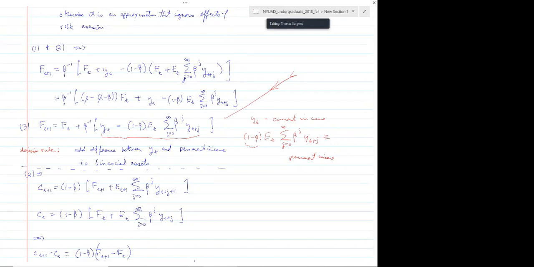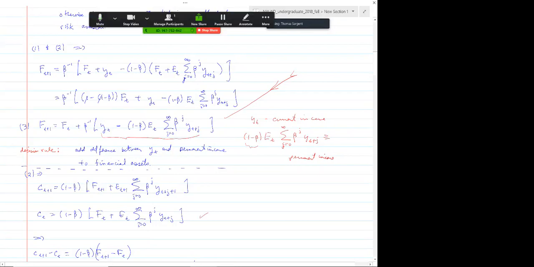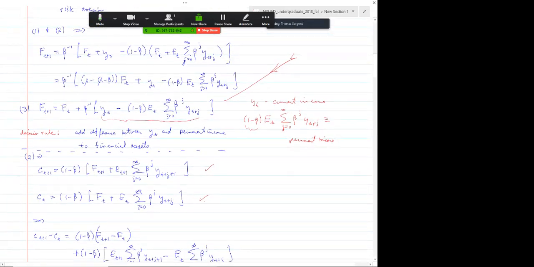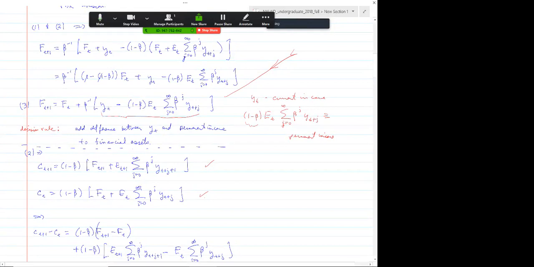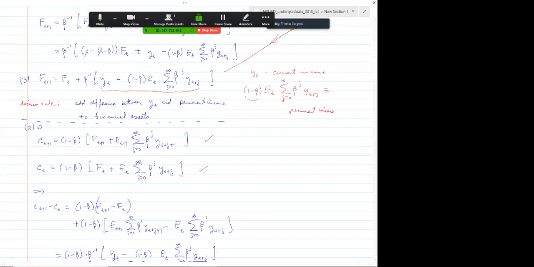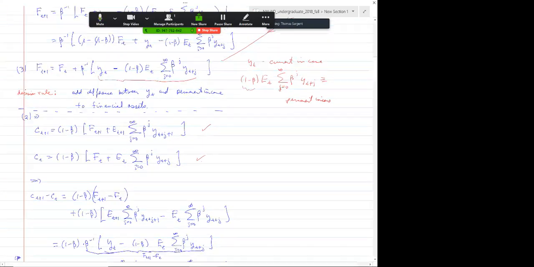So first I'm going to write down my decision rule at time t. That's what I did here. I'm going to write it down t plus 1. So I'm just going to copy it, but shift the time indices. And then I'm going to subtract it. If I subtract it, I get this.